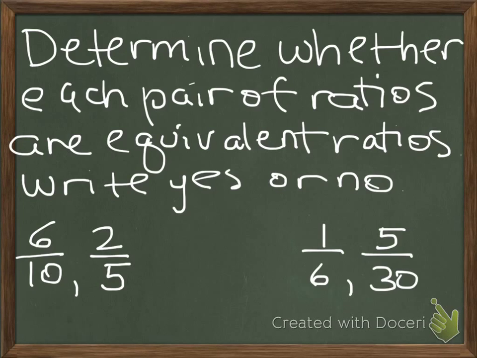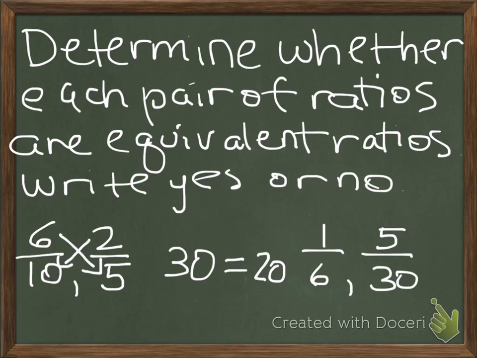So I would multiply, in this case, 6 times 5, and I'd get 30. And I'm checking to see whether 2 times 10 is going to give me 30, which it does not. It gives me 20. So we would determine, no, these are not going to be equivalent ratios, which is equal ratios, and they are also not going to form a proportion.